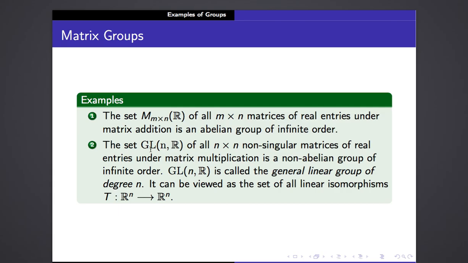The set GL of n, R. This notation denotes the set of n by n square matrices, so the number of rows and columns are the same. Not only that, these are n by n non-singular matrices of real entries under matrix multiplication.